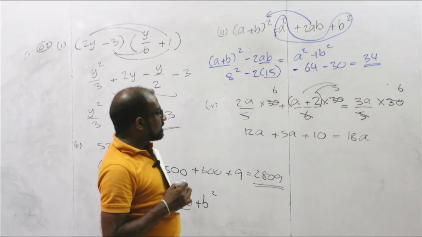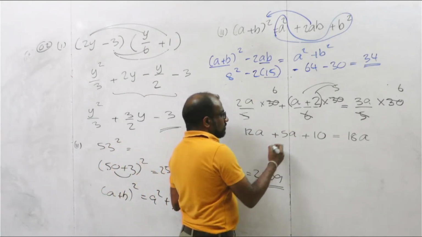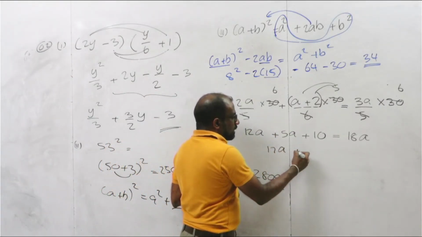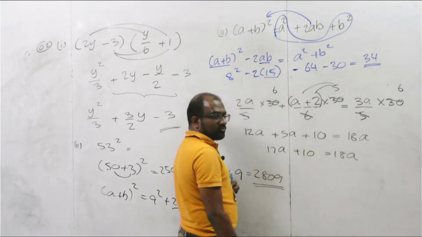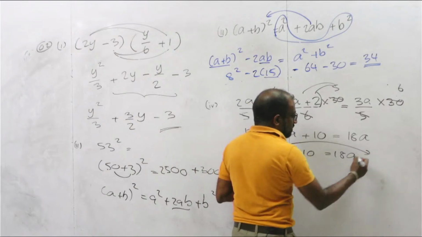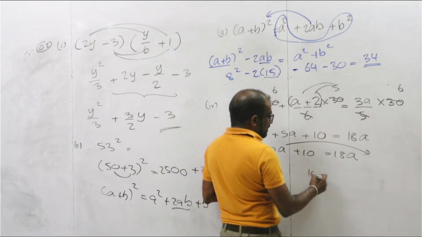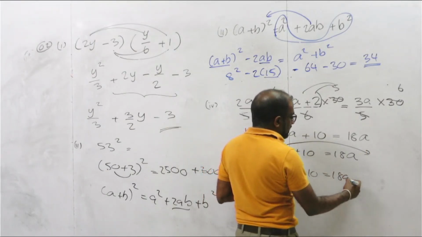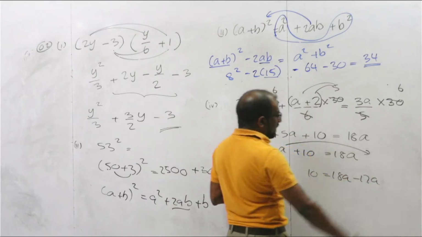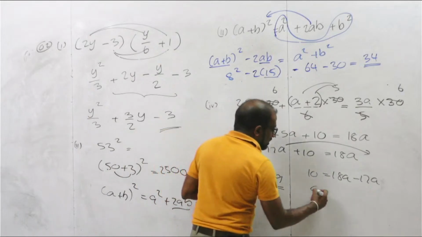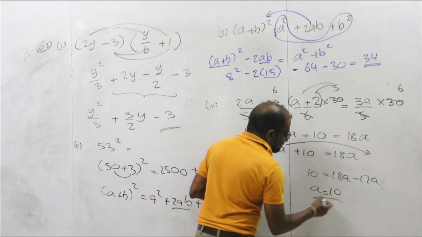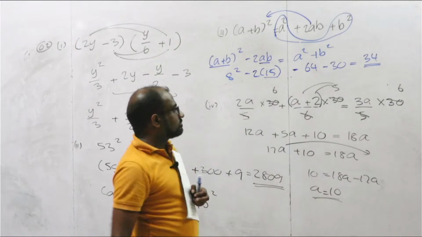Now you will get the answer very easily. 12a plus 5a, 17a plus 10 equals 18a. Plus 17a goes to the other side, minus 17a. 10 equals 18a minus 17a. 18a minus 17a is a. And our answer, a equals 10.